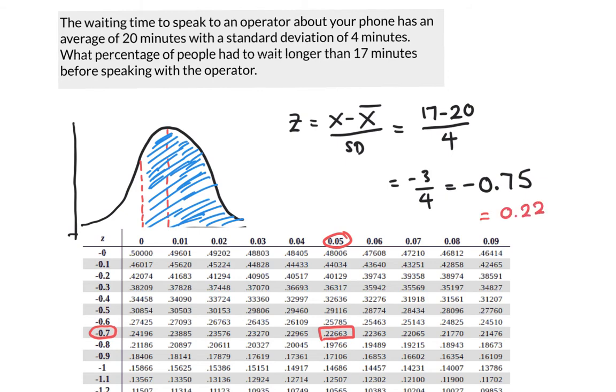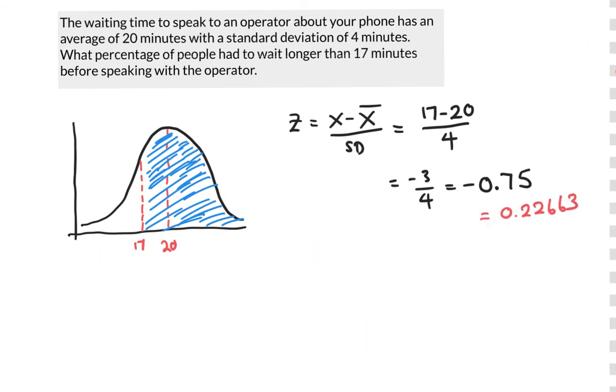0.22663. So this equals 22.66%. So don't forget, whatever number percentage we get is always to the left here. So the 22.6 here is this green area here.